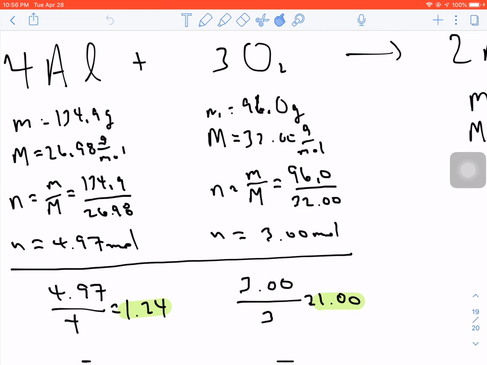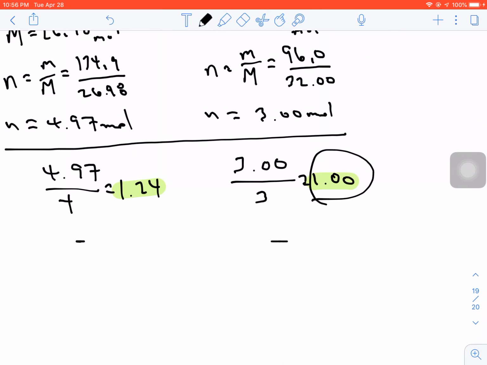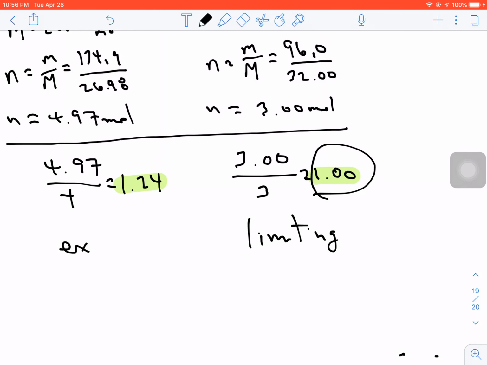number. The lower number here is this one. Okay, that's my lower number. So what that tells me is that this one is limiting. This one here is limiting. And this one here is in excess.